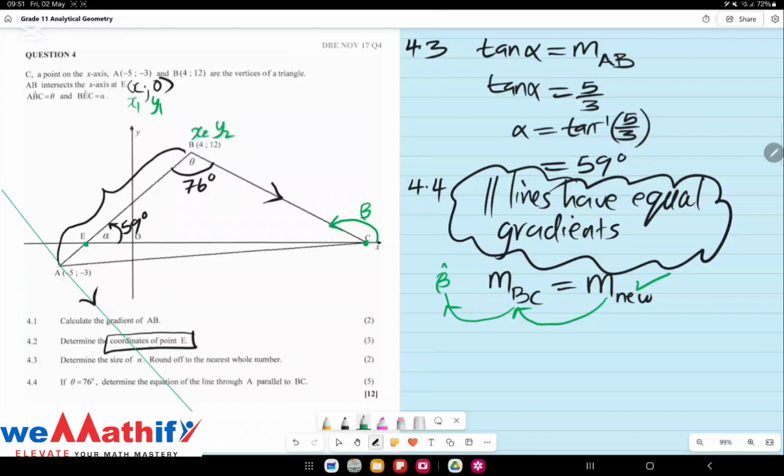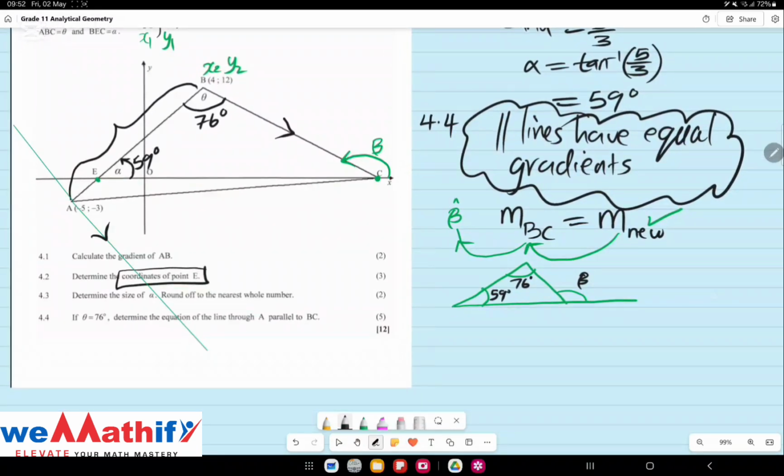Now, with these questions, the theorem that the exterior angle of a triangle equals the sum of the opposite interior angles is almost always a reality. We know this is 59, we know that is 76. All we need to do is find beta, and using that theorem, we are going to say beta equals 59 plus 76 degrees, exterior angle of a triangle.